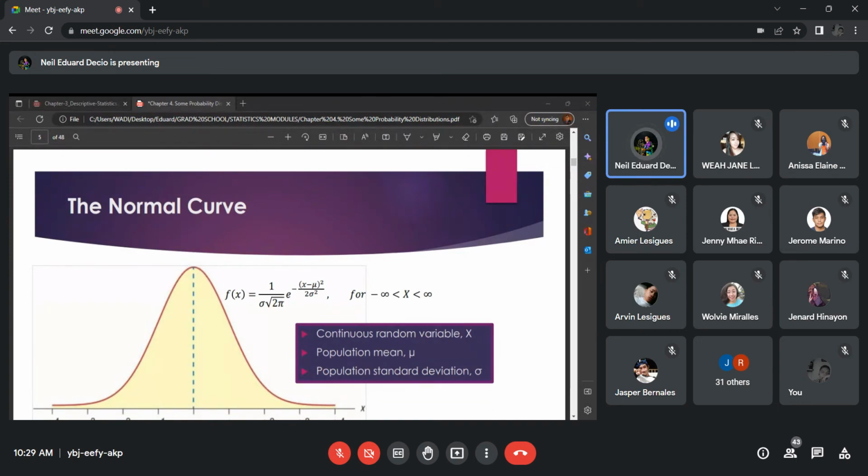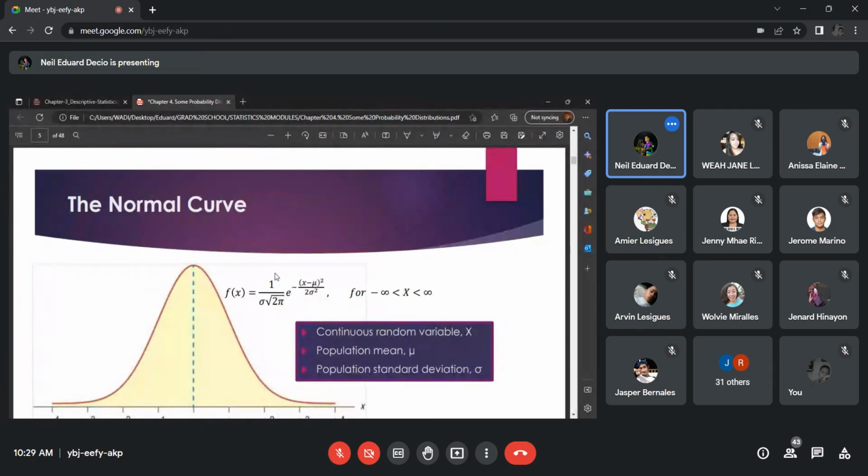So that's f of x is equal to 1 over the standard deviation yan, di ba? Kasi square root of the variance.